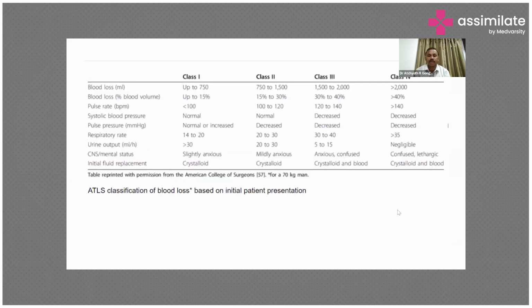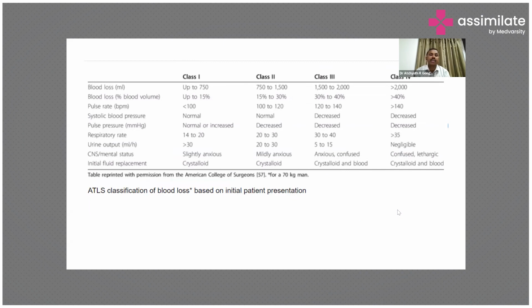So all of us know, both as doctors and some nurses might have done their ATLS courses. ATLS, American College of Surgeons, in its ATLS guidelines, divided the shock, or basically this is for hypovolemic shock, into 4 grades: class 1, class 2, class 3, and class 4.